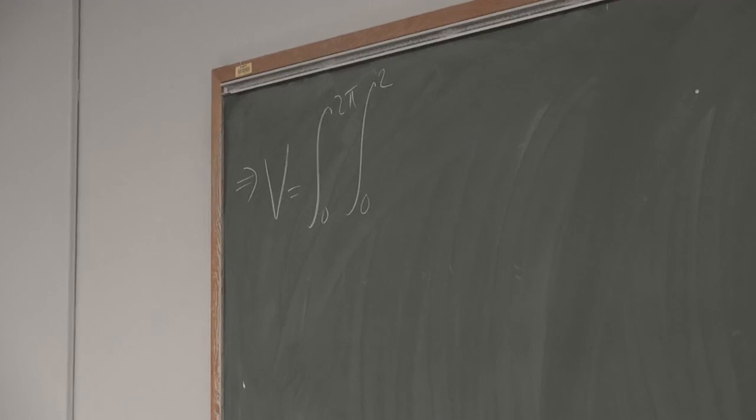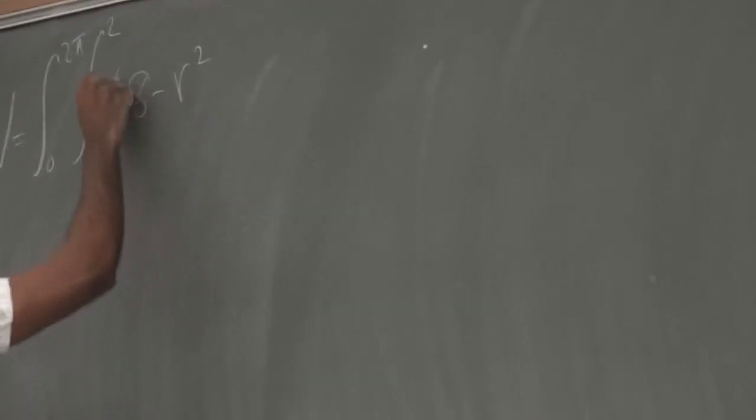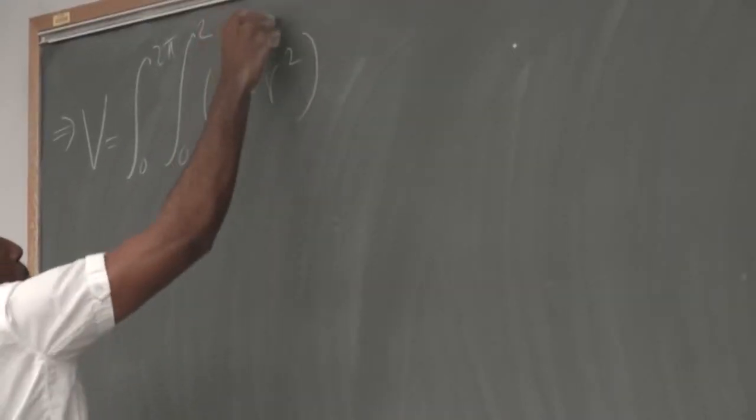So if you're a little man trapped inside this solid, what's the top and what's the bottom? The top would be this surface here, right? The bottom would be this one here. So the top is the 8 minus x squared minus y squared, which I can write as 8 minus r squared. That's the top.